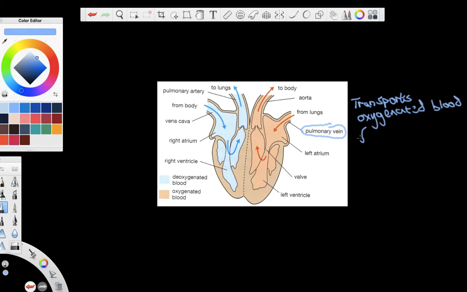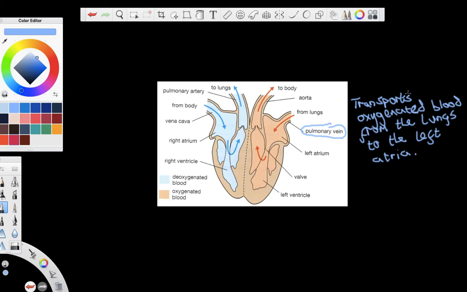Okay, so the pulmonary vein transports oxygenated blood from the lungs to the left atria.